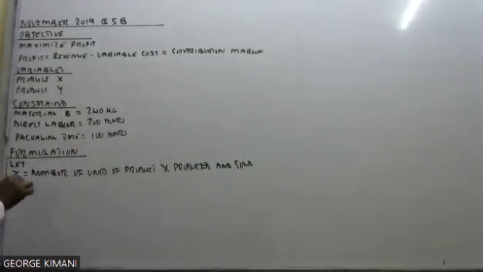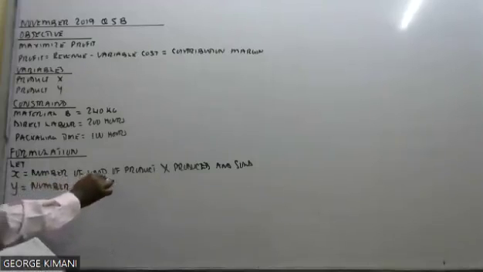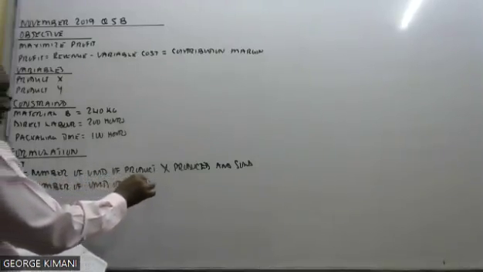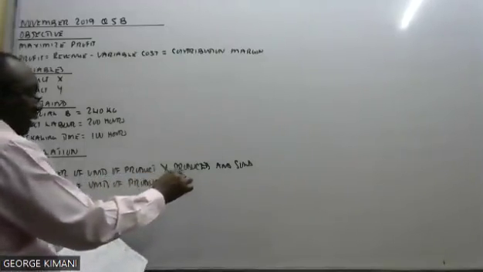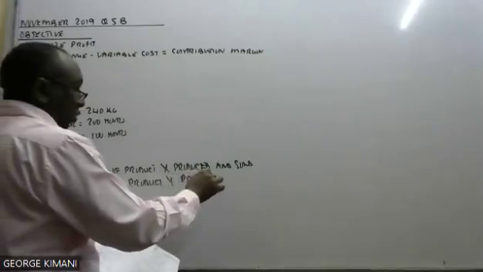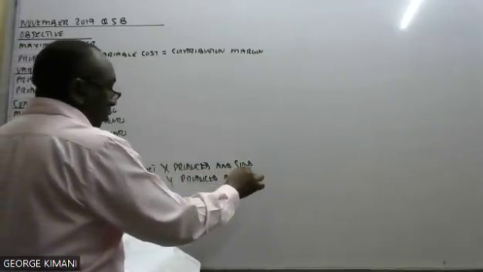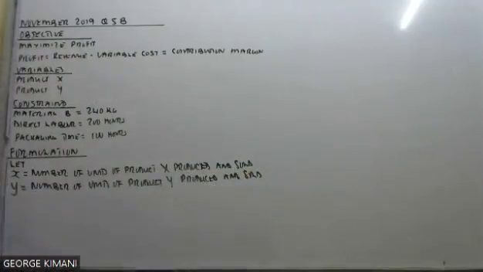Let y be the number of units of product Y produced and sold. Then the contribution margin of X: you can see the selling price is 400, and the variable cost is 320.